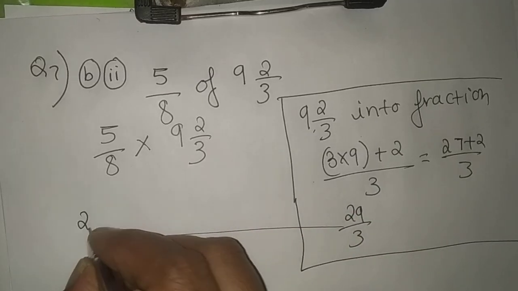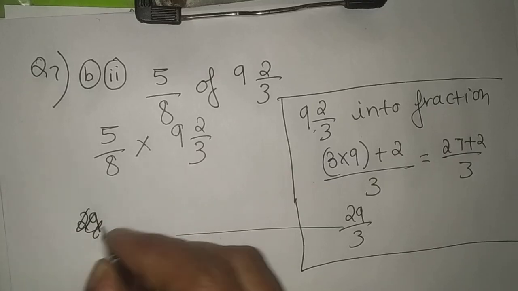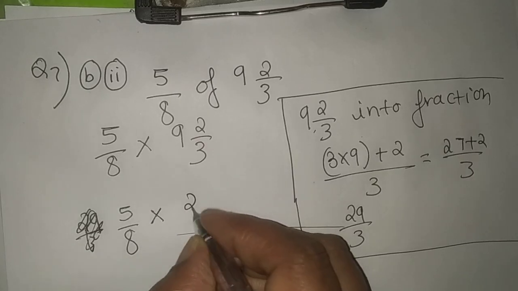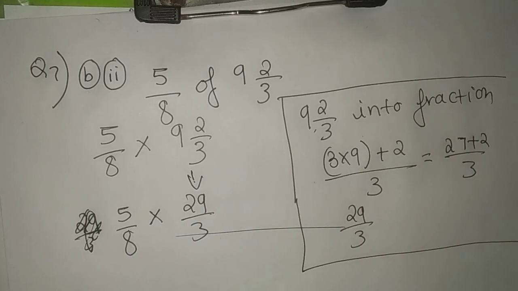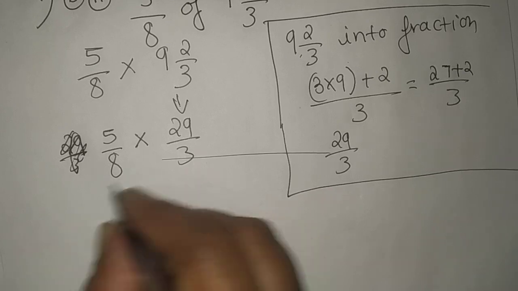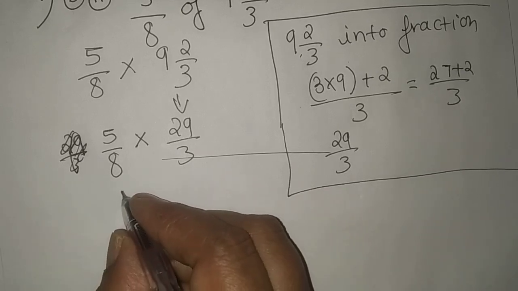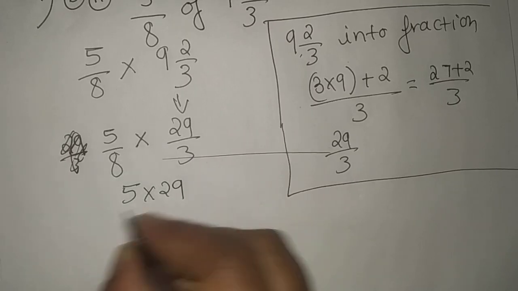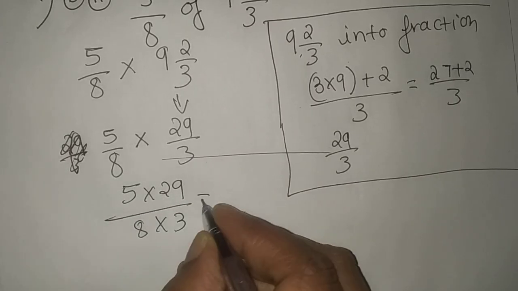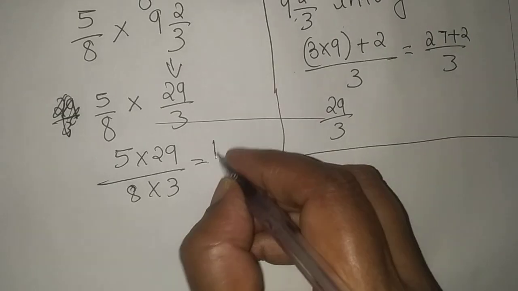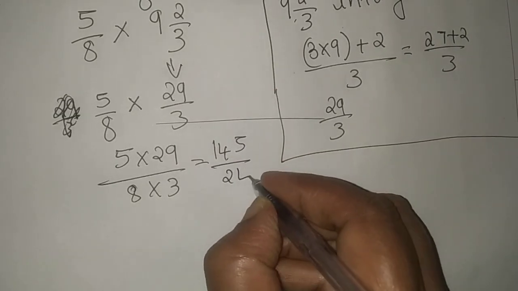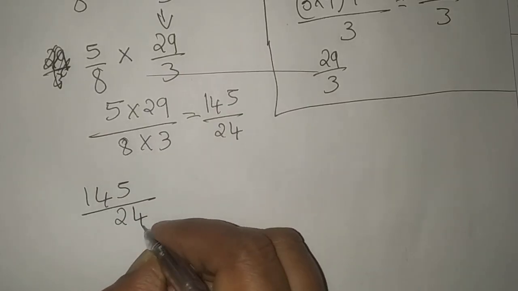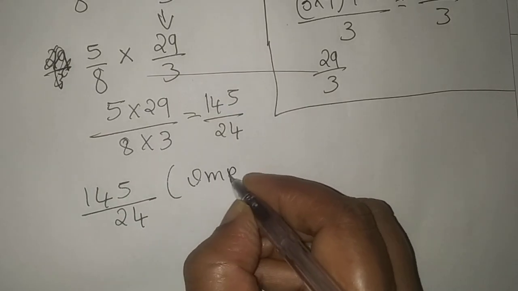Now substitute here, 5 by 8 into 29 by 3. Now simplify, that is 5 into 29 and 8 into 3, which is equal to 145 by 24. So this 145 by 24 is an improper fraction.